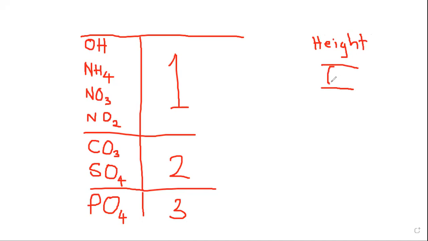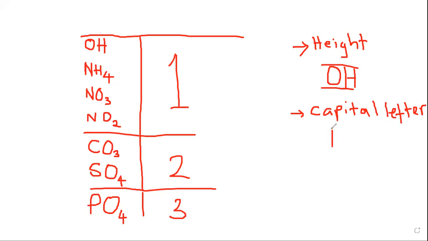We are very particular when writing radicals. If it's hydroxide, it's OH. Ensure that the letters are of the same height, and all the letters in a radical are capital letters. You do not find a small letter in a radical.